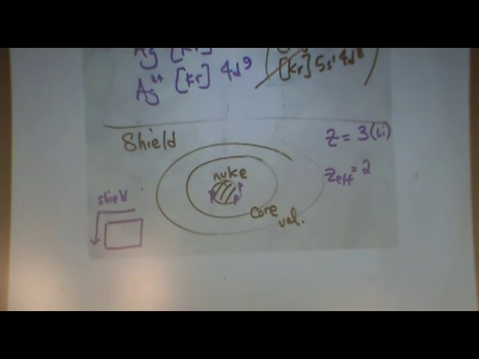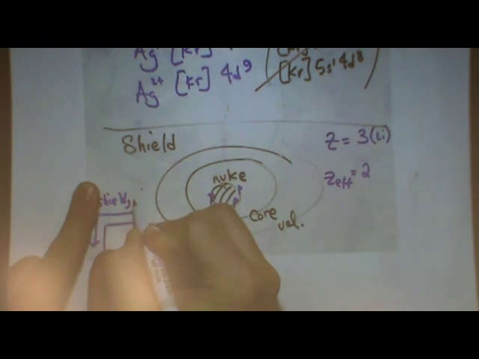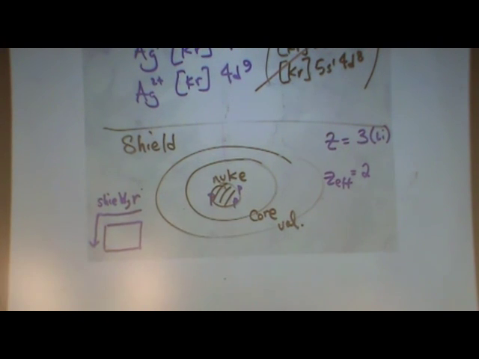Because shielding blocks the valence electrons from seeing all the protons, they're less attached to the middle. Because they're less attached to the middle, it makes the radius bigger when the shielding is bigger. So basically, if shielding goes up, radius goes up. That means shielding and radius, R, go up as we go to the left and down.